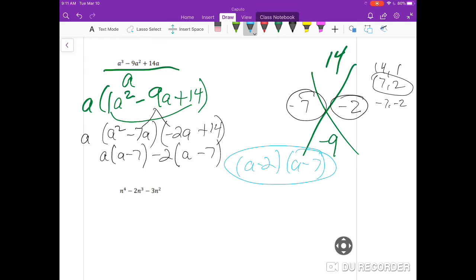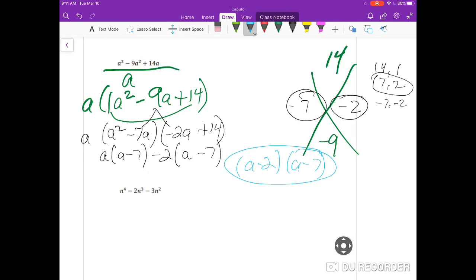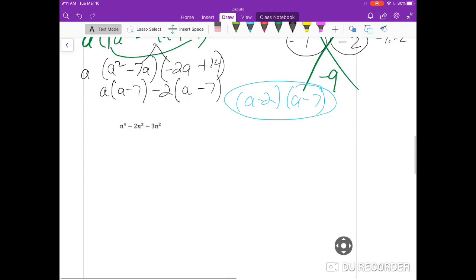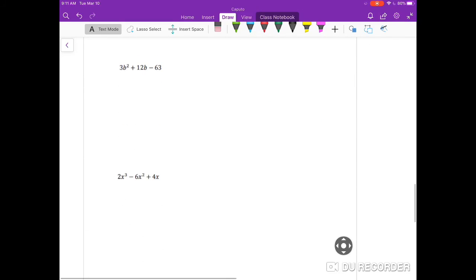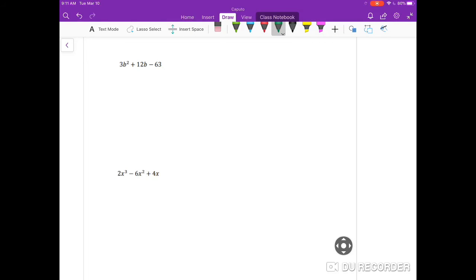Okay? All right, so let's pick one more. Let's go to the next page, and you guys go back and try the other ones. All right. I'm just going to go smaller. And away we go. GCF of 3. What am I left with? B squared. Divide by 3, 4b.